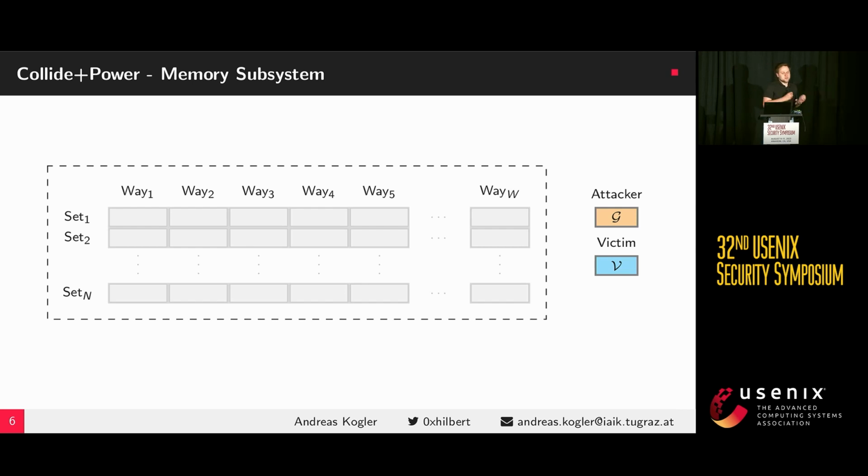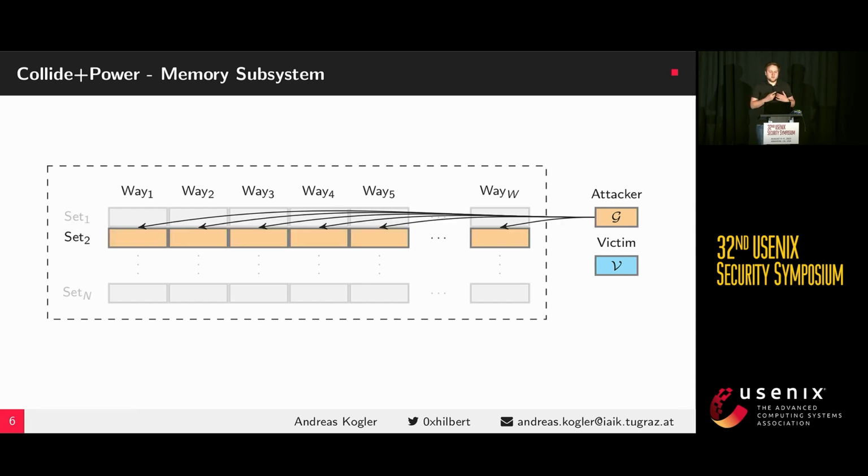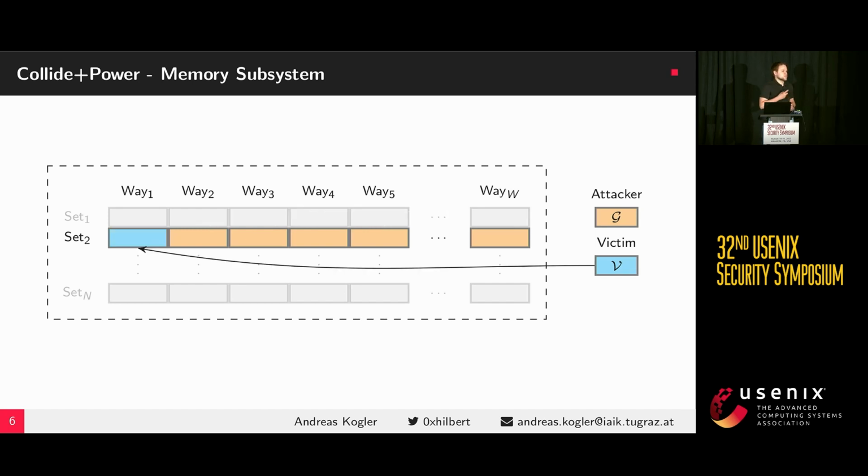We target, for example, the cache. The cache is a shared resource between different security domains and is usually constructed in sets and a number of ways. What the attacker can now do is fill one set of the cache with the attacker-controlled guess, and wait or force the victim to, at some point, override one of those attacker-controlled guesses.